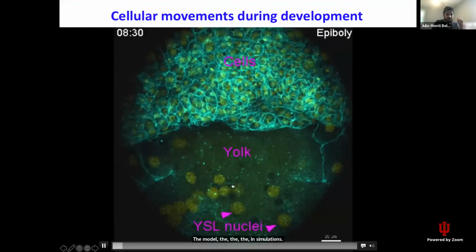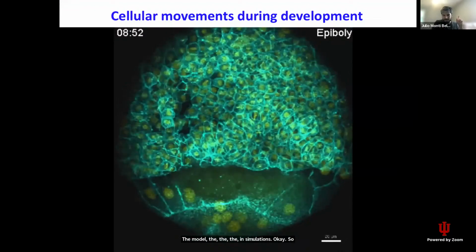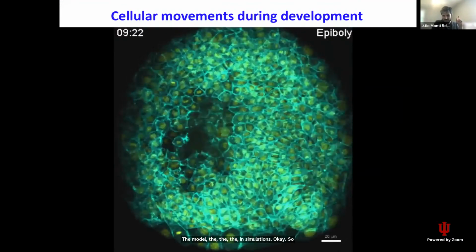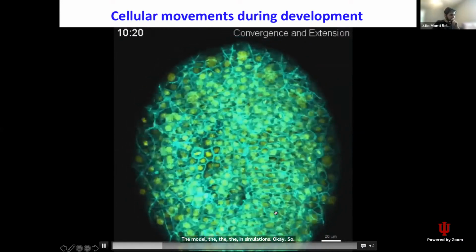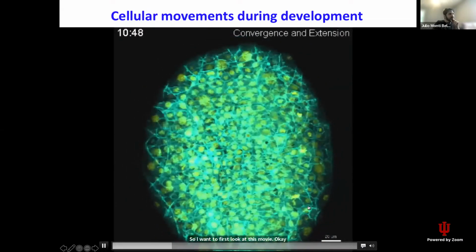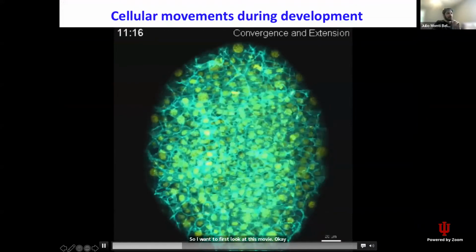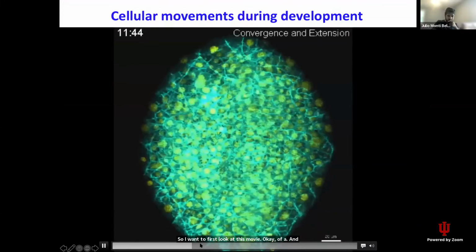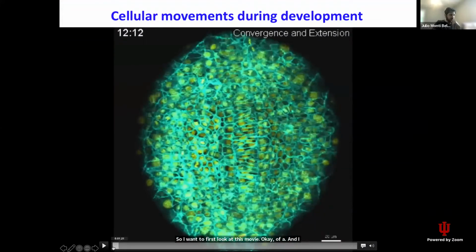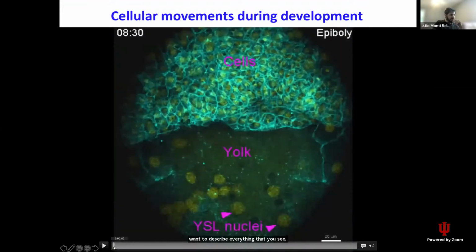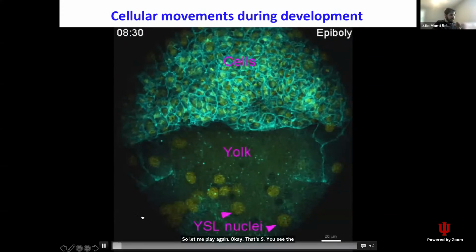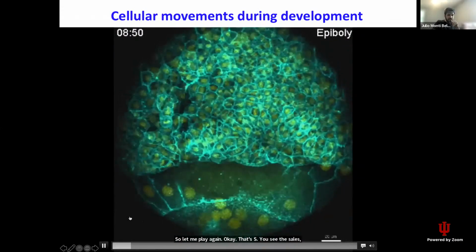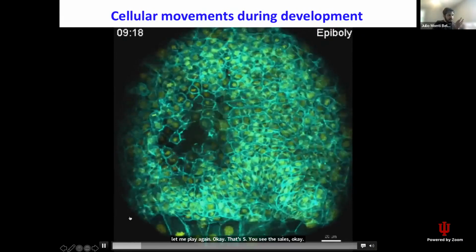So I want to first look at this movie of a zebrafish embryo, and I want to describe everything that you see. So let me play it again, okay? That's a zebrafish embryo. You see the cells, okay? Look at it very attentively and tell me what's going on.